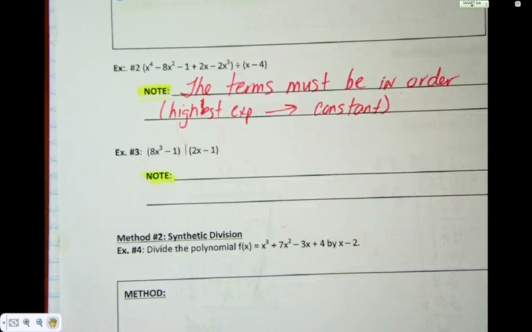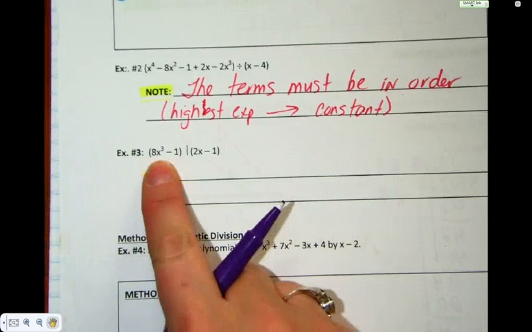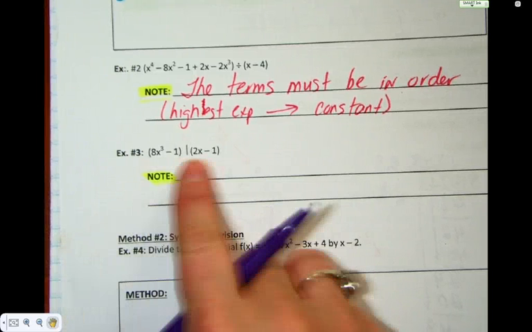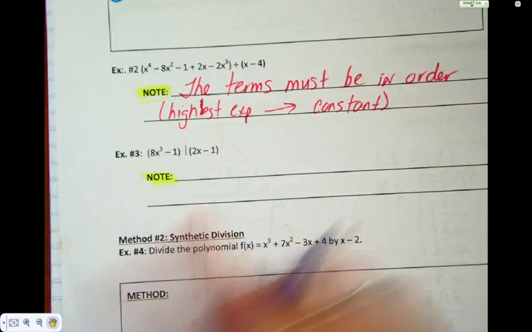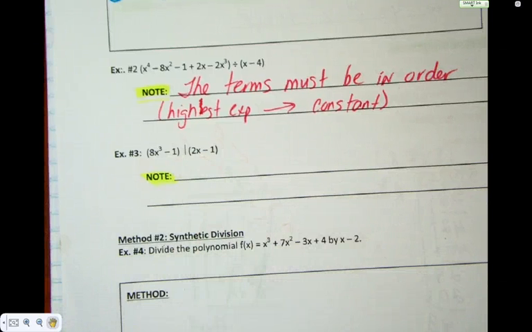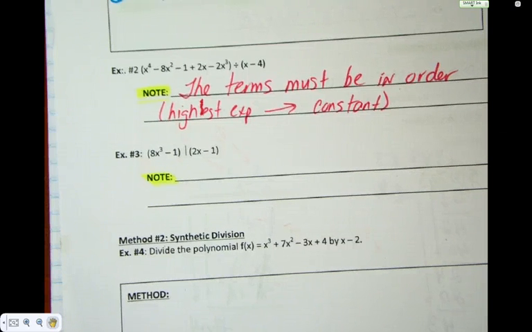What do you think my note's going to be about? So what's different about this question than the other questions? It's not factored, because I got a cubed. This is the division sign. The divisor has a 2. That is different, but doesn't matter for this one, but good thinking. Something different.